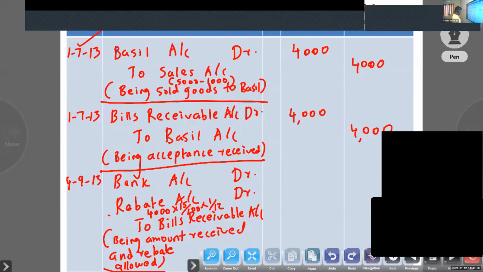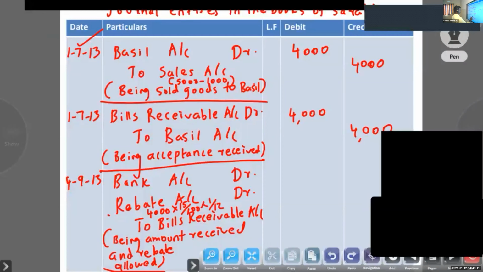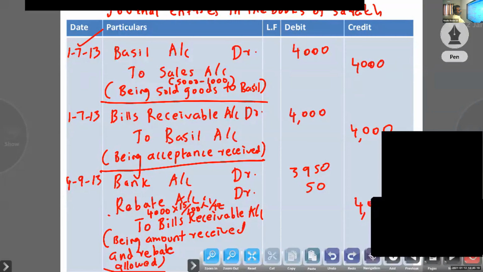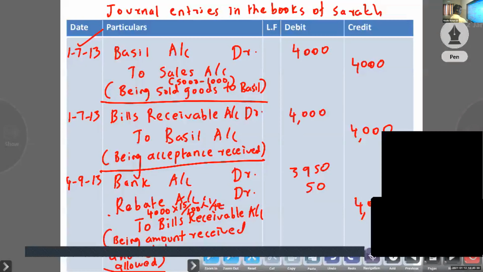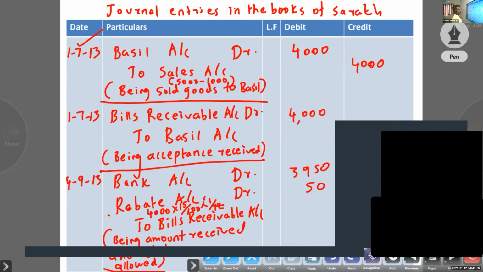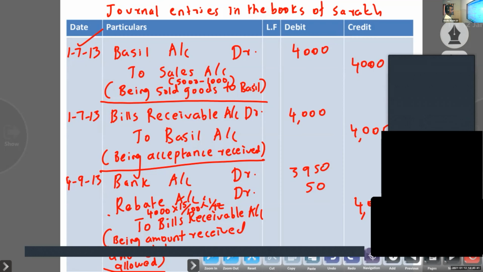So 4,000 into 15% divided by 12, 50. So 50 is the discount. Okay? Journal entries in the books of Sharath is over.